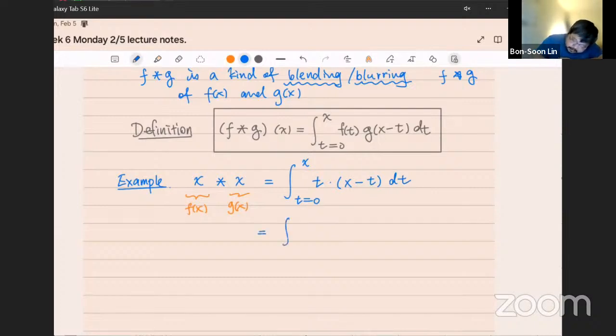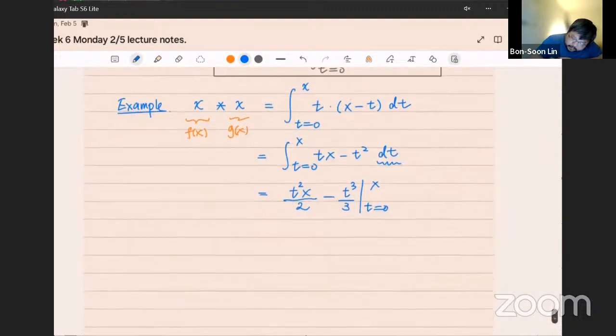What is this thing? This is t times x minus t squared dt. Well, that's not a hard integral. We're integrating with respect to t, so the x's are just constants. The first one integrates to t squared x over 2 minus t cubed over 3, evaluated from 0 to x. Plugging in x, we get x cubed over 2 minus x cubed over 3.